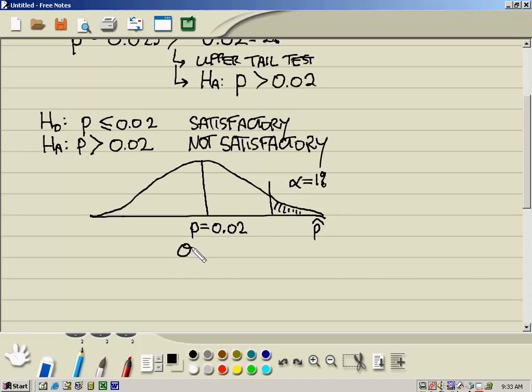We need the standard deviation, sigma sub p hat, and we'll do that over on the side here. So sigma sub p hat is equal to the square root of pq on n. Alright, remember it's the square root of the whole thing. Or if you like, the square root of p times 1 minus p on n.